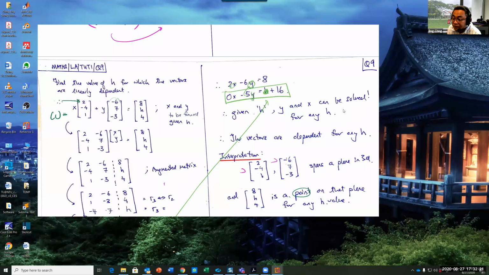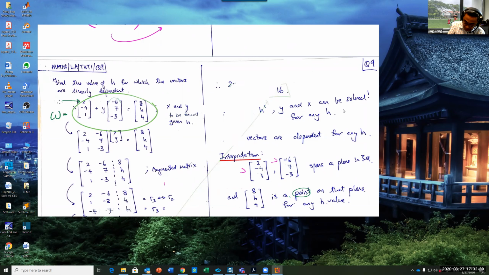Okay, Gabriel says, can we take the linear combination of all 3 columns and equate it to 0? Yes, you can. That's another way. I never thought of it that way. So what Gabriel is suggesting is, instead of solving it this way, why don't we solve it this way?